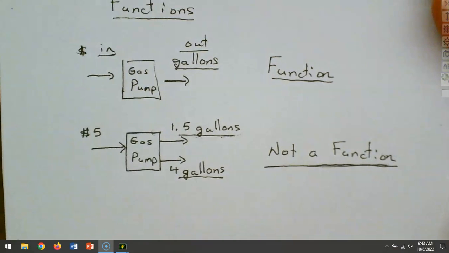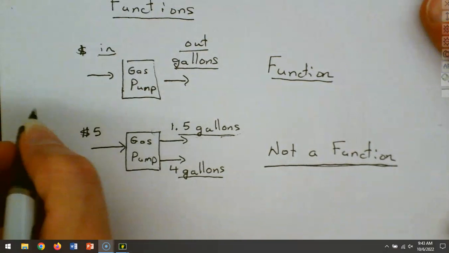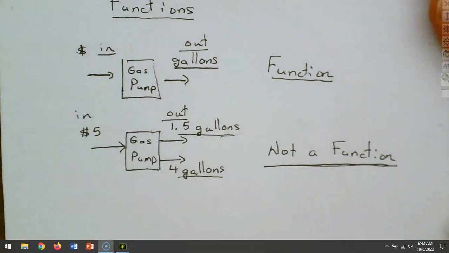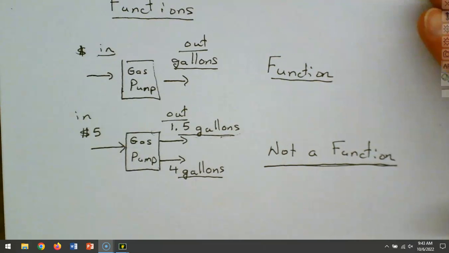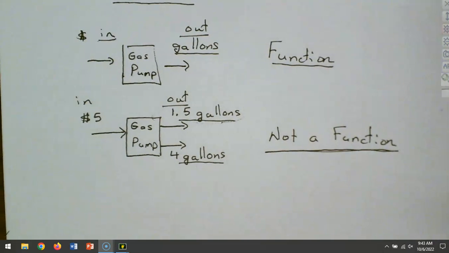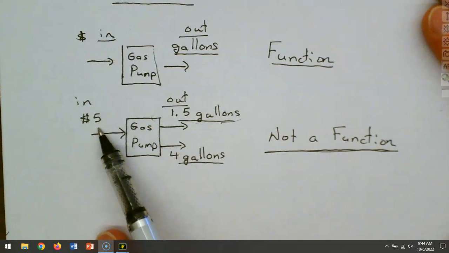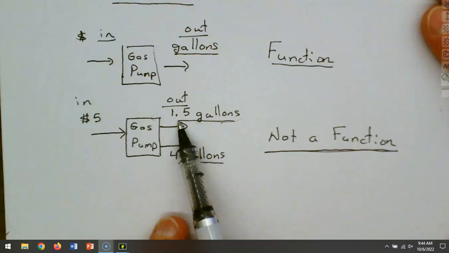And why is it not a function? Because one input cannot be split up to several outputs. It doesn't make sense, right? Gas has a fixed price. If I go to the gas station, it's $3.50 a gallon, right? That's what it runs. Might be a little cheaper, might be a little more. But if I put $5 in, I get out 1.5 gallons of gas.